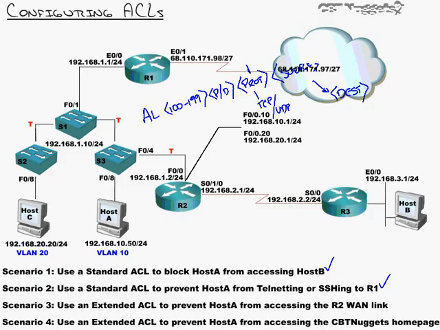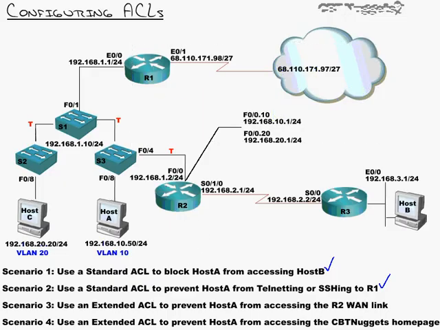So I might say something like access list 100, permit the TCP protocol from this IP address to that IP address. Not too bad when you think about it that way. But there are more options that you'll have to weed through, like port numbers and stuff like that, which we will get into as we get into scenario 4 right there.